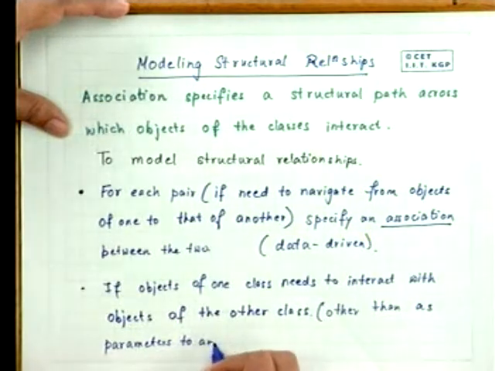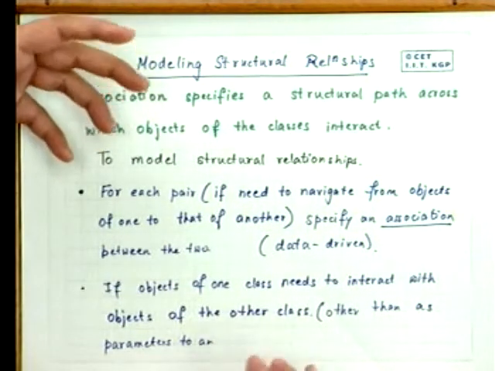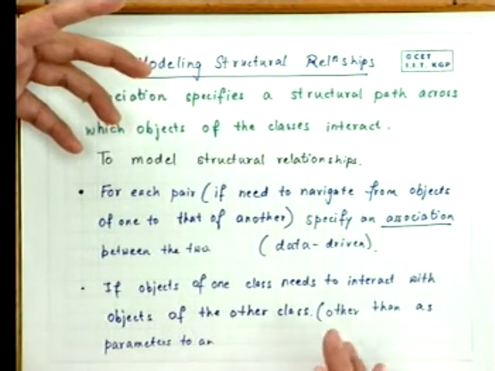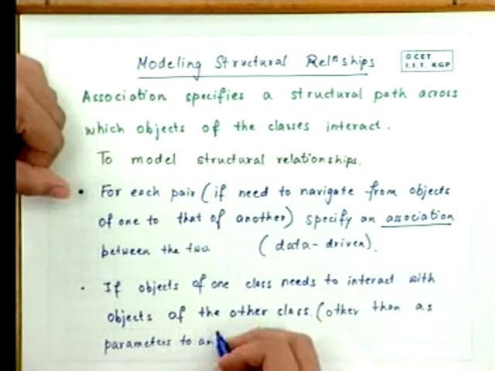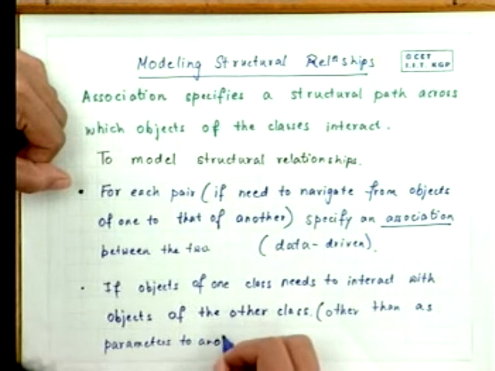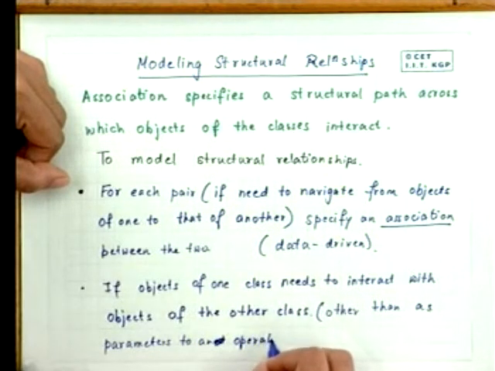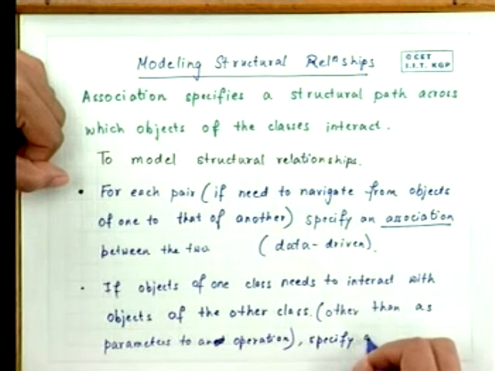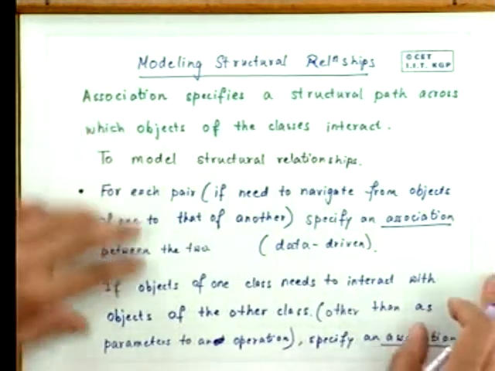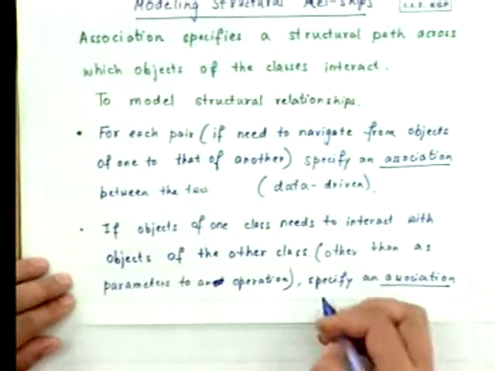If the one class occurs as the parameter to an operation of another class, there will be a dependency relationship between the classes. This process, as you can see, is behavior driven.